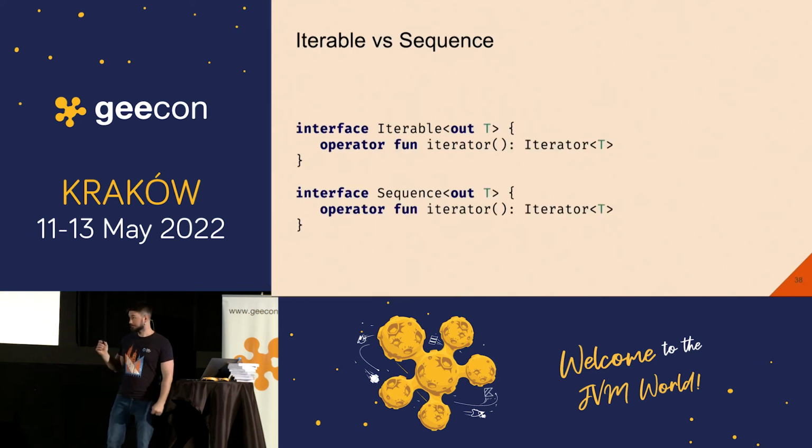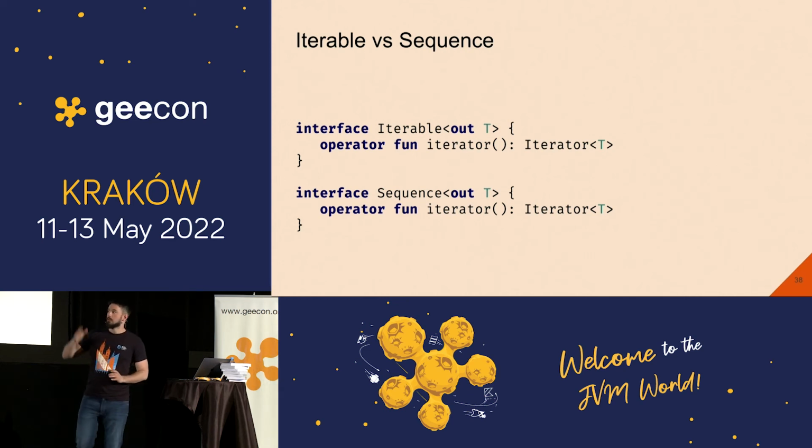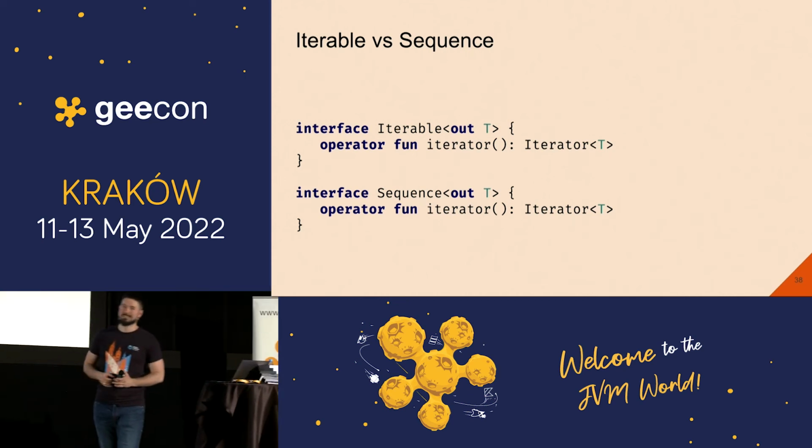But we should also know a few tricks how to make it more efficient, and this is what this section is about. So the first thing we need to understand is the difference between iterable and sequence. They look practically identical, but they represent very different concepts, extremely different concepts. Iterable represents an object that we can iterate over, like a list or set, something physical, a collection, you know? Sequence is very different.